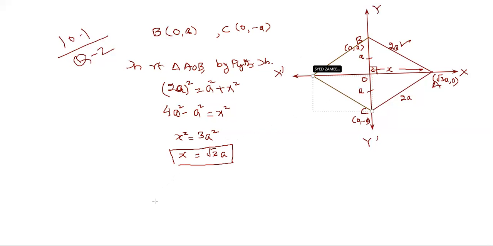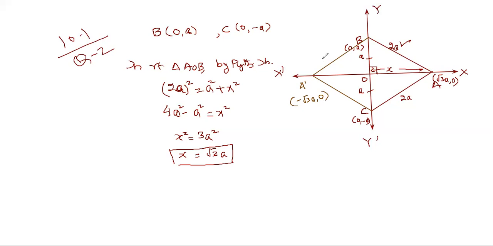When this triangle is on this side, the length will be the same, so this vertex A dash will have coordinates (minus root 3 a, 0). So this is also possible.